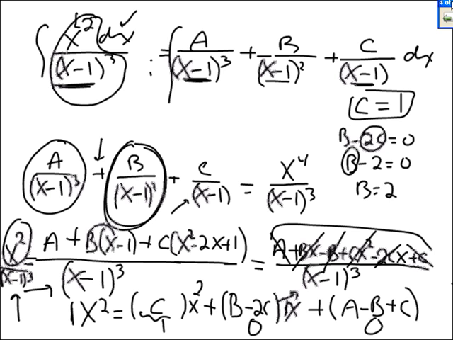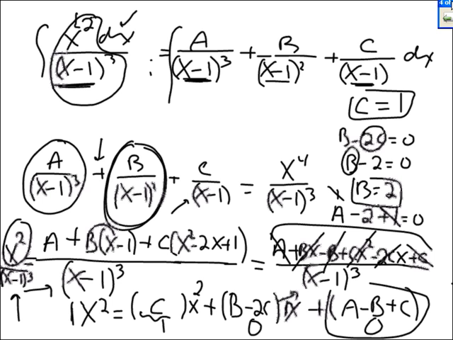b should be 2. 2 take away 2 is 0. So now we know b. And we know that, I'm copying this here, a minus b plus c should be 0. Well, a should be 1. If a was 1, 1 plus 1 is 2, take away 2 is 0.